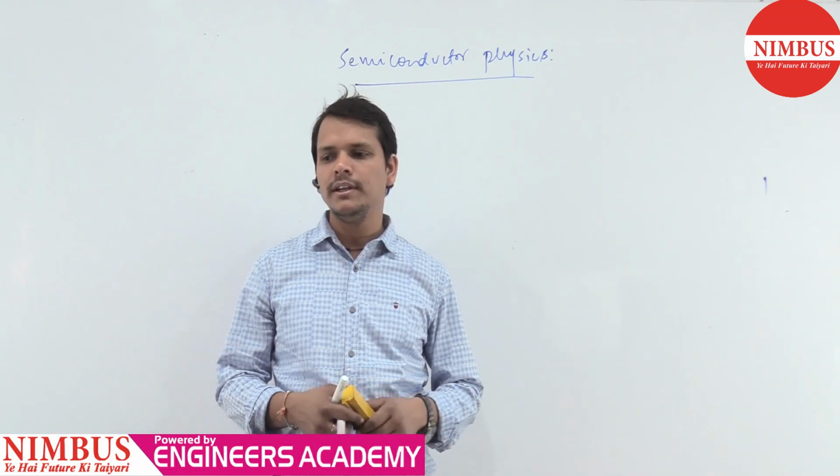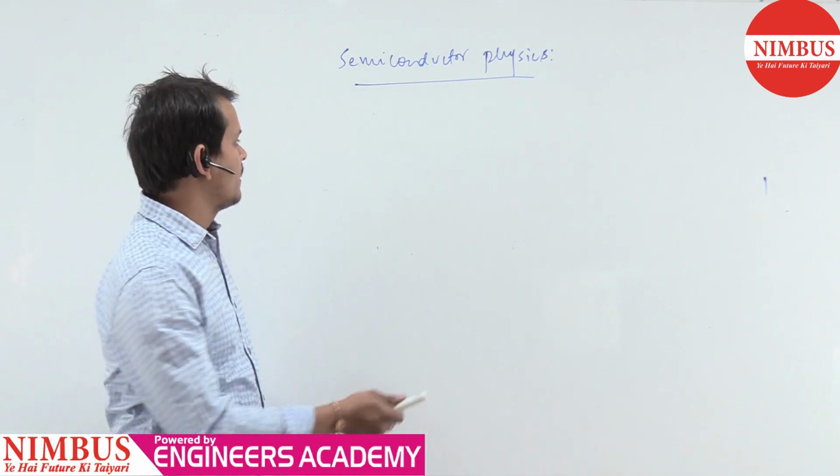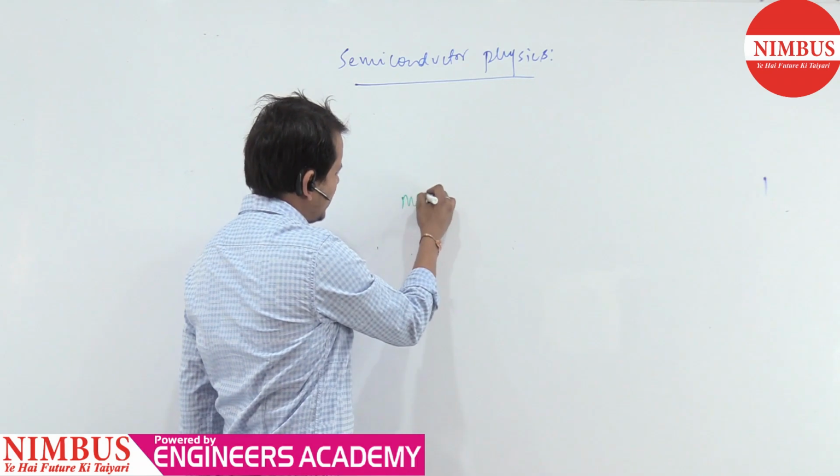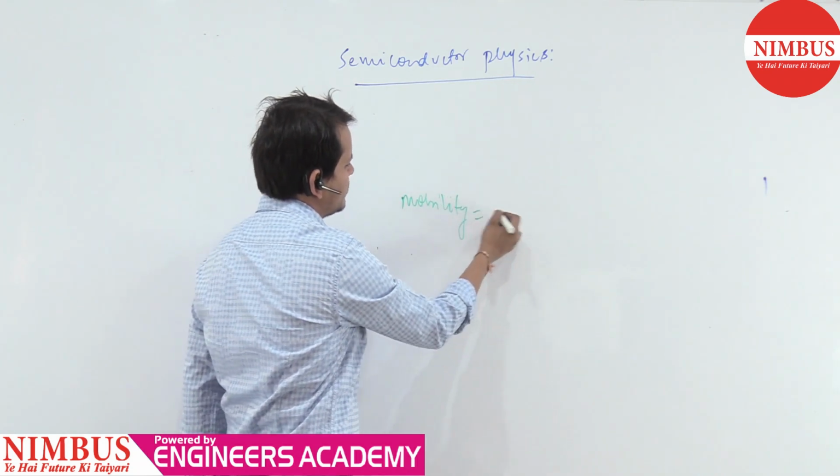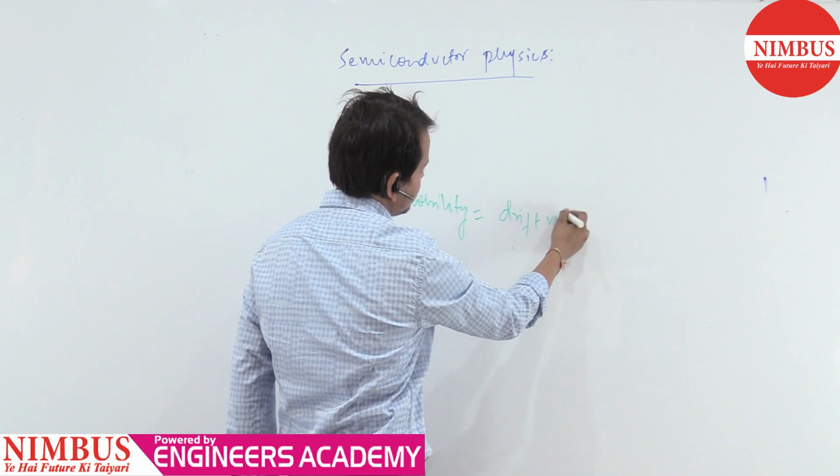So this is basically the mobility. Now mathematically I define the mobility in that fashion, which is the drift velocity. Drift velocity. Okay.